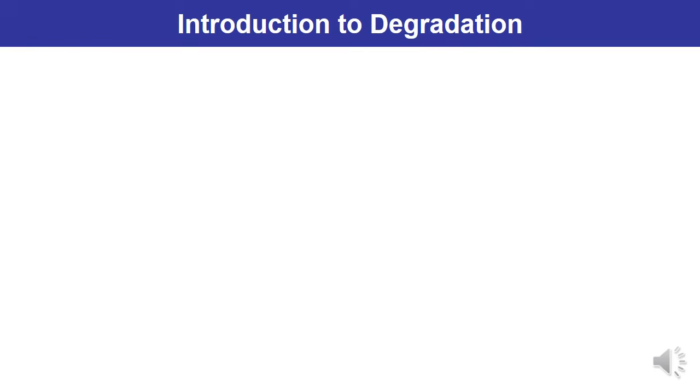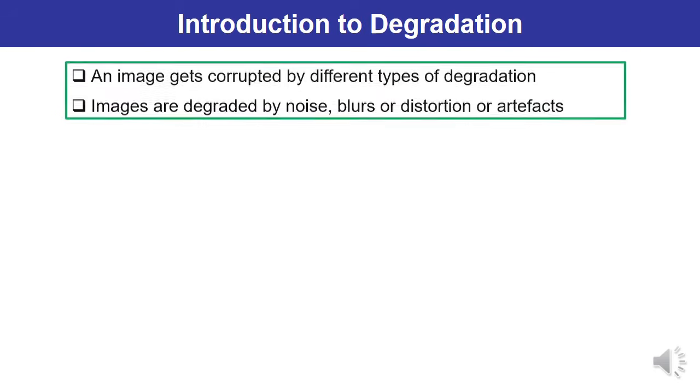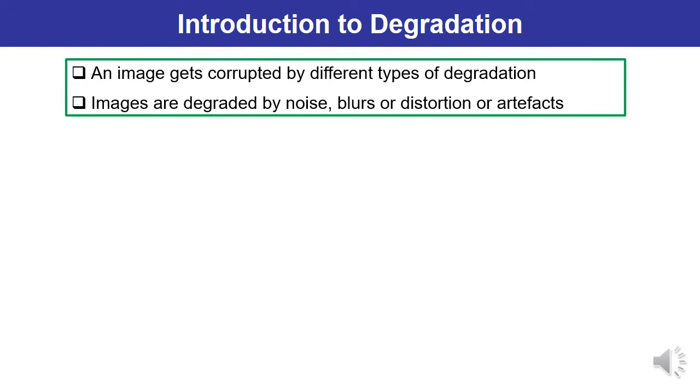First, you need to recall a term, degradation. What is degradation? Degrading the quality. So in image processing, degradation relates to the quality of an image which is not that good. None of the images is perfect. Sometimes if you click a photograph, you may observe that the quality of the image is not as good as the object appears in natural condition.